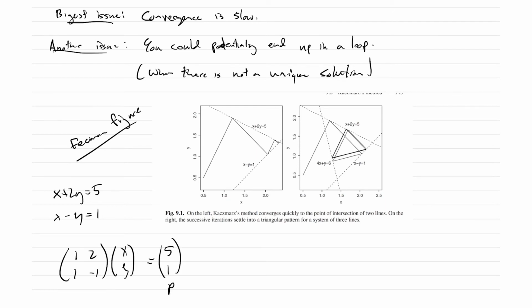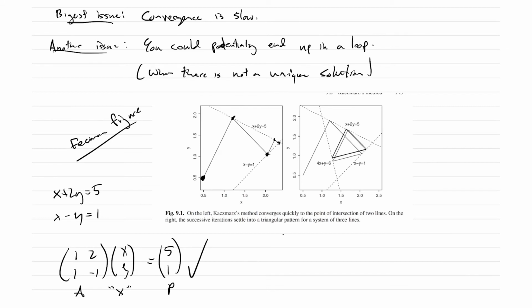This would be his p, this is his x, written as xy, and this is his A. This is a very simple system, and there is actually a unique solution here. When you run Feynman's method you get these points here, and actually this one does end up converging. It gets pretty close, so this one's good.